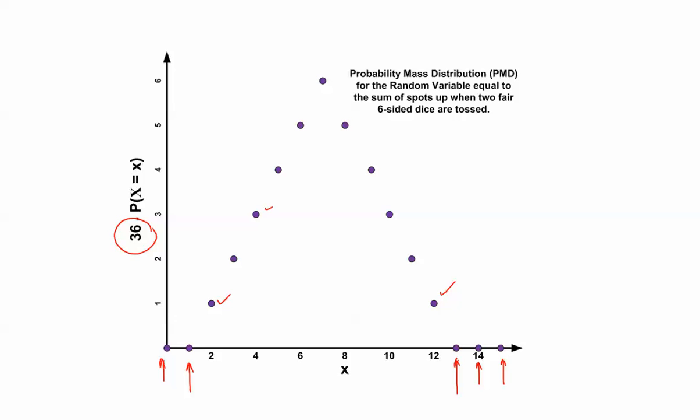So if I divide by 36, that's actually 1/36 probability. This is 6/36, or 1/6 probability. Okay? Don't forget that. All right, so this is simply a plot of the probability for my toss 2 fair dice and add the spots up random variable assignment. It's as simple as that. Okay?